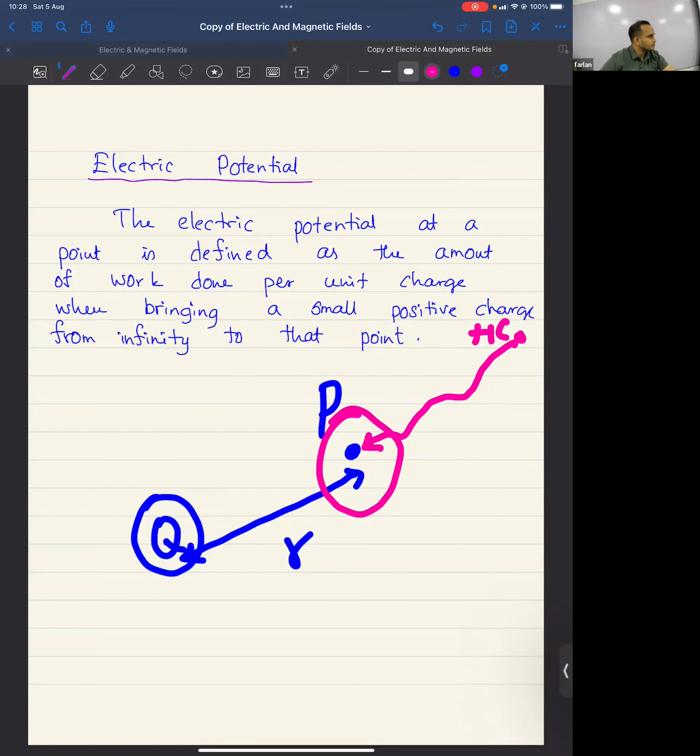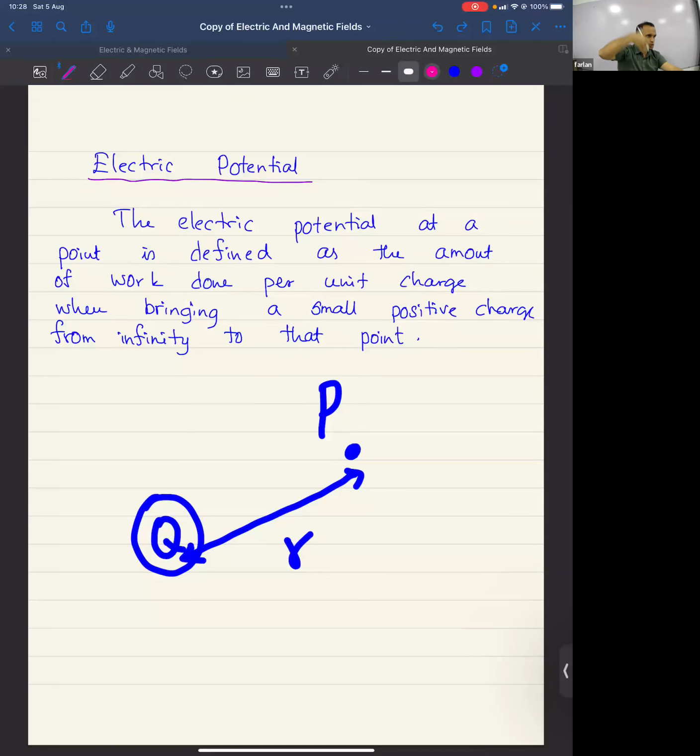I repeat, the amount of work done per unit charge when you're bringing a small positive charge from infinity to that point. So then tell me, what should be the unit of electric potential? Joules per Coulomb.